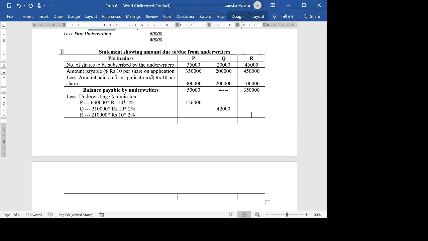So this is what the company has to pay the underwriters. The underwriters P and R have to pay the company this, and this is what the company has to pay all three underwriters.